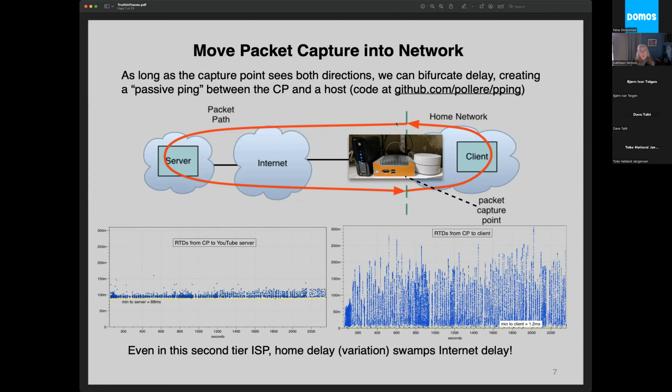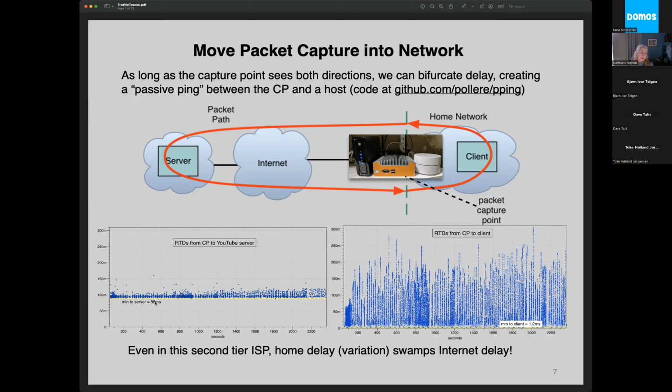So now what I've got here is, if I take a passive ping this side, I can see the internet side delay, take it this side, and you get the home network side delay. If we take a look here, this side is going out to the YouTube server, and there's not a whole lot of delay variation there. That's the blue.